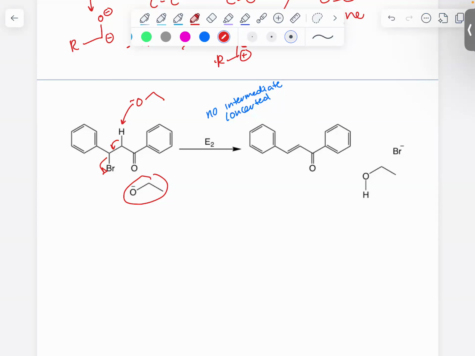In a concerted reaction, you don't have any intermediate. It all happens in one go. And if we follow these electrons, we end up with these products. If you were doing a curly arrow mechanism with this, yeah.